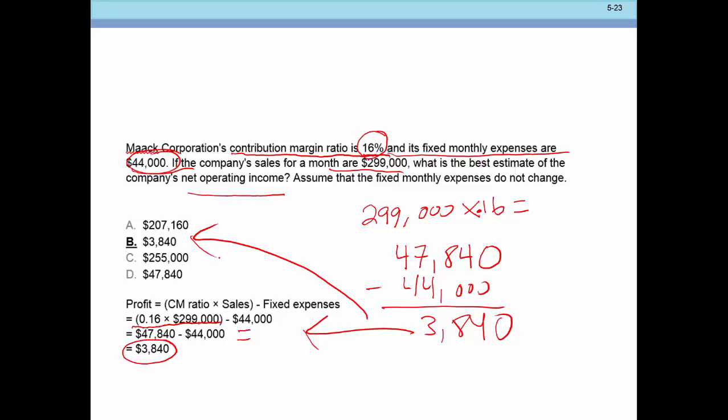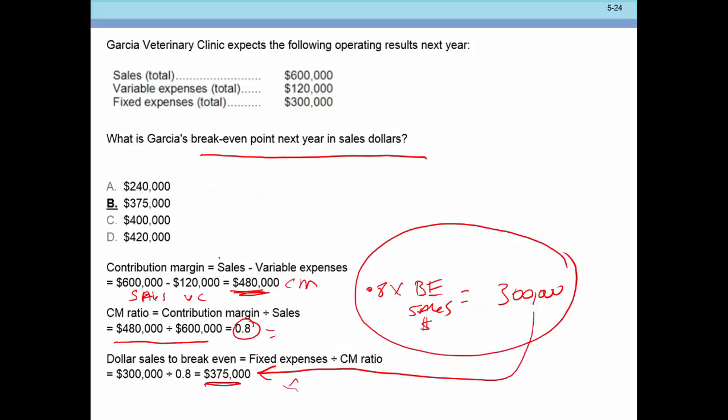Okay, good. Let's take a look at this next one, which is Garcia. Garcia has sales of 600,000. So I'm going to take my sales of 600,000 right there. My variable expenses are 120.